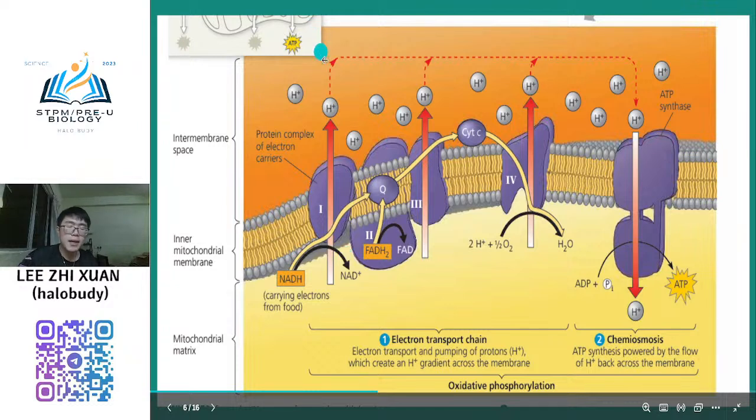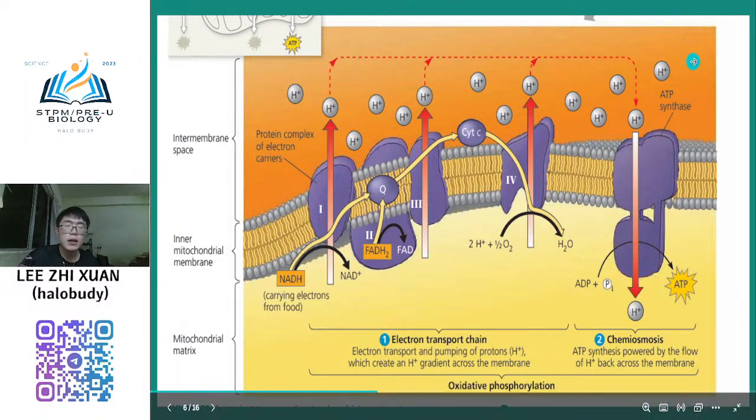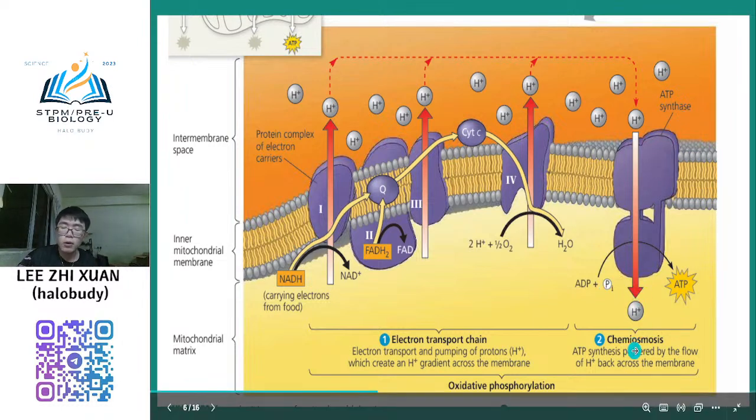So this pumping of the hydrogen ion will create the electrochemical gradient of the hydrogen ion. Once it has pumped out the hydrogen ion, the hydrogen ion will be transported down the concentration gradient through the ATP synthase, and then oxidative phosphorylation and chemiosmosis will occur.